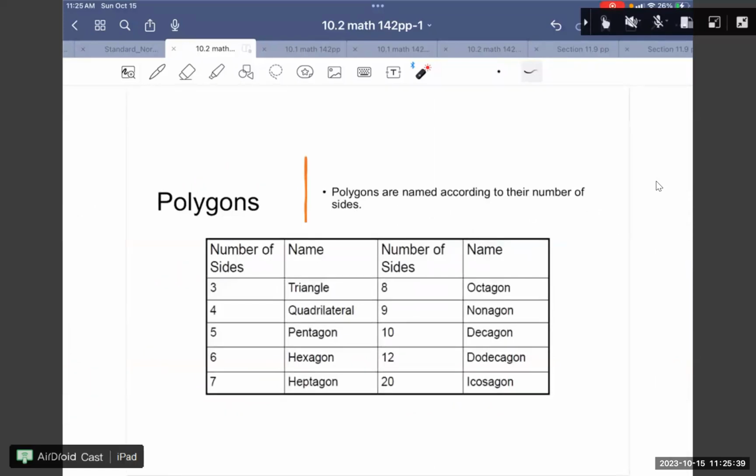A polygon is named according to the number of its sides. With three sides, that is a triangle.